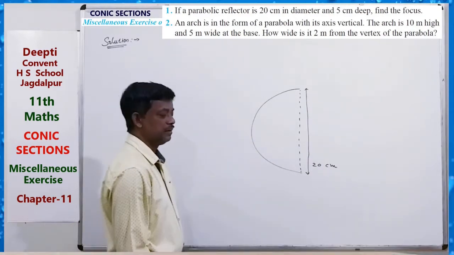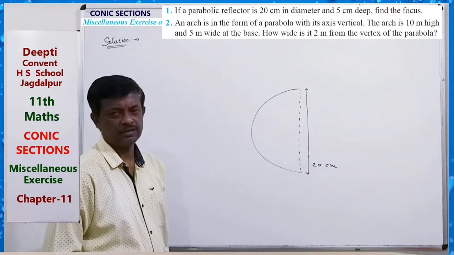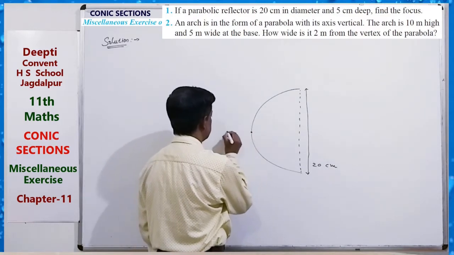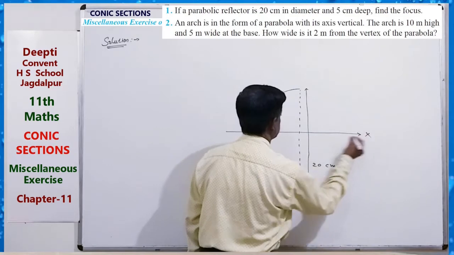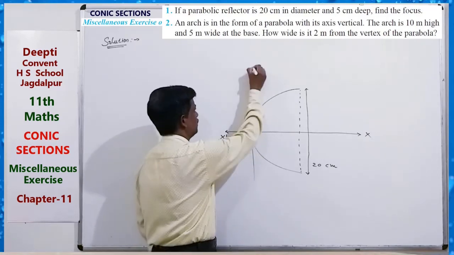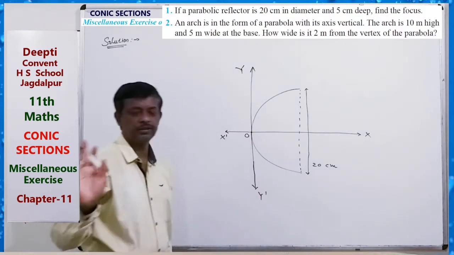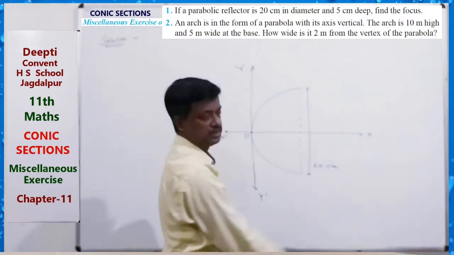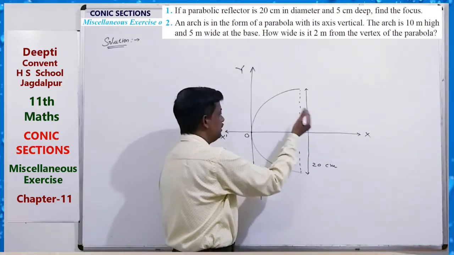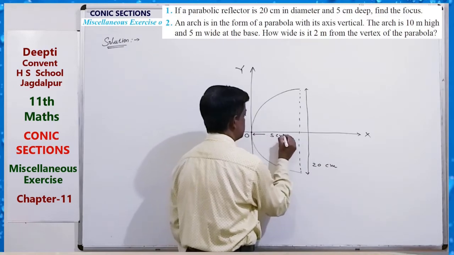If it is a parabolic reflector, then we can draw it taking the vertex at the center and the axis along the x-axis, and this will be the y-axis. The diameter is 20 centimeter, that is the double ordinate, and the depth is 5 centimeter.